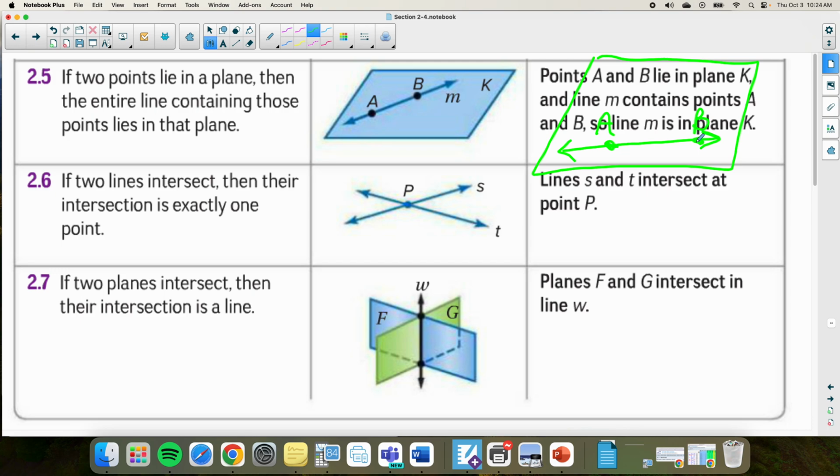So it'd be like if I had two Skittles on the floor and I connected them with a line, the line would also be in the plane of the floor, okay?